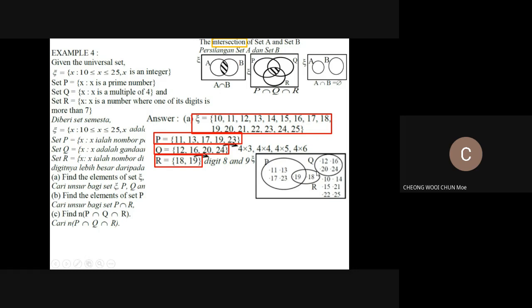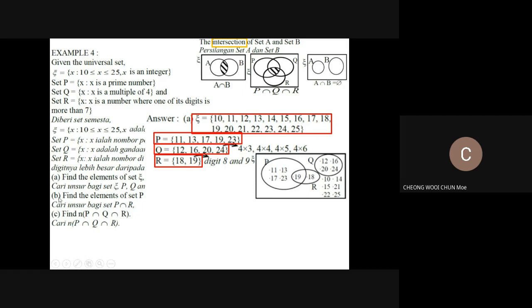It can be a circle, square or rectangle, up to you. Then the rest, not in P, Q or R but in the universal set, go outside: 10, 14, 15, 21, 22, 25. You can check and cancel as you find them.